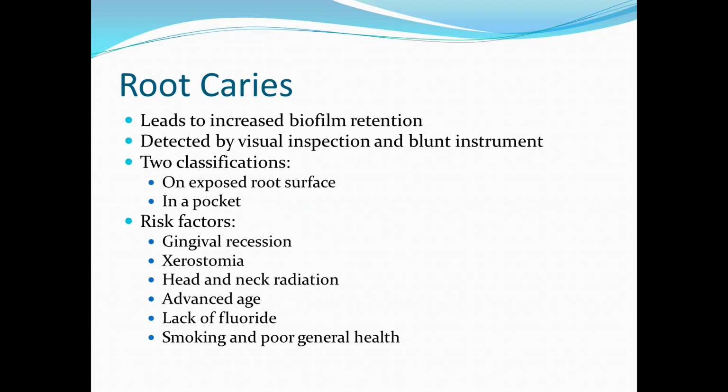If the root surfaces are exposed, they've got more geography in the mouth to collect, and it's detected by visual inspection by a blunt instrument. You don't want to go poking into a little brown area or an area that looks leathery right below the CEJ. Sometimes it's hidden because it's underneath the gum tissue, which is not as common as something that's supragingival.